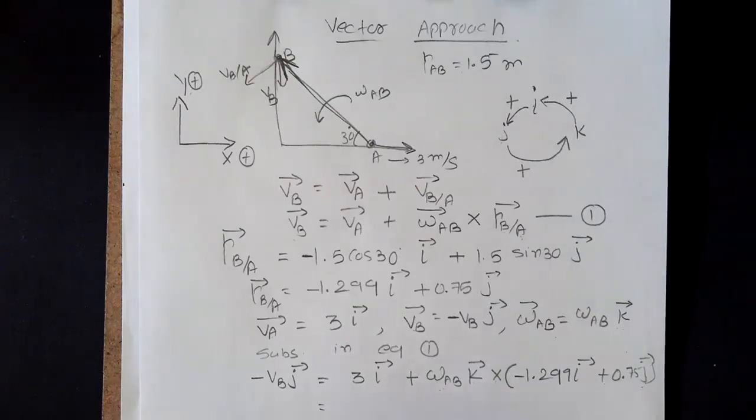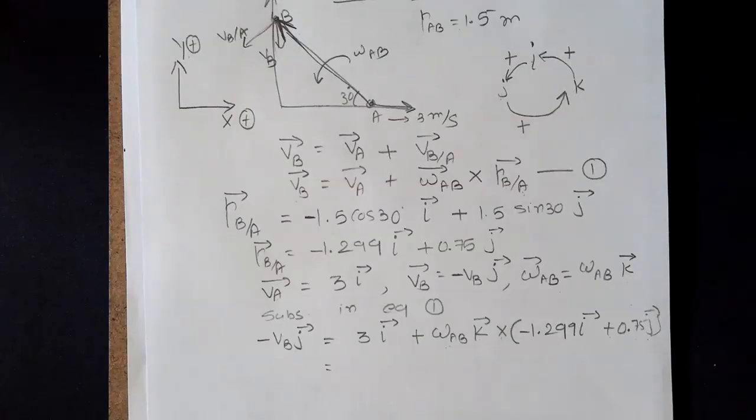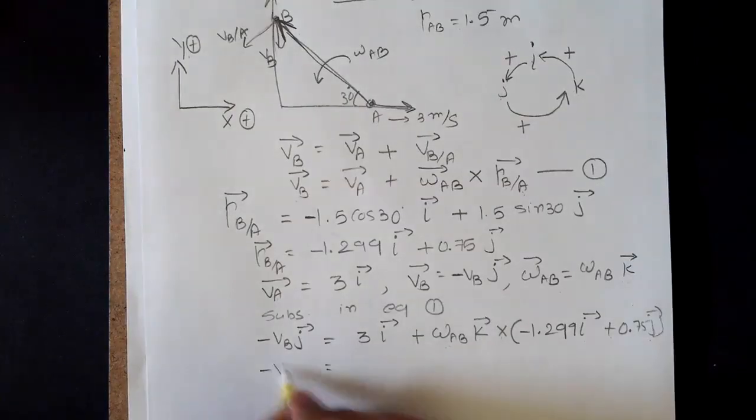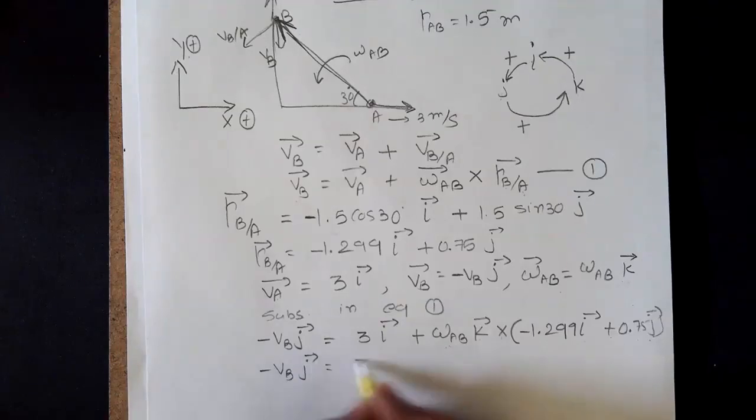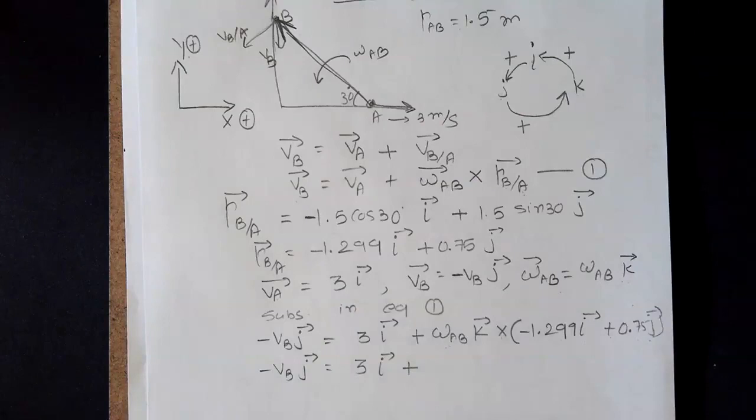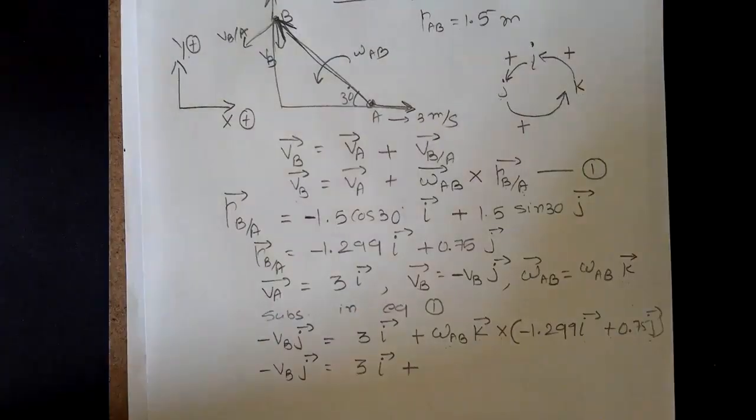So let's do this. It's minus VB j equals 3i, sorry, I should put the negative sign here.